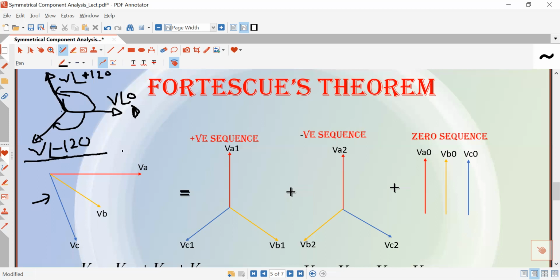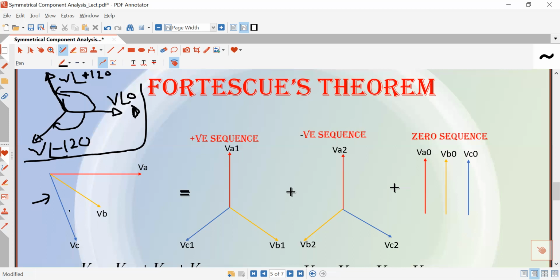Now, consider the set of these three vectors, and I am asking you whether this is balanced or unbalanced. You can easily say, sir, these phasors make an unbalanced system, because in this case you can see the angle between the phasors is not 120 degrees. That is why this is an unbalanced phasor set.